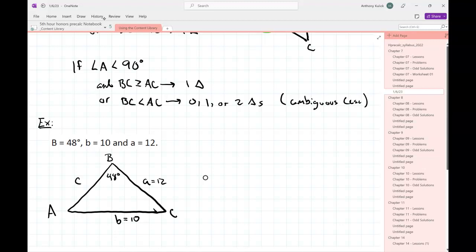Is this SSA or is this side angle side? Is the angle between the two sides that are given? Nope. So this is SSA. The given angle is acute, and the side opposite that given angle is shorter than the other given side. So this is the ambiguous case.